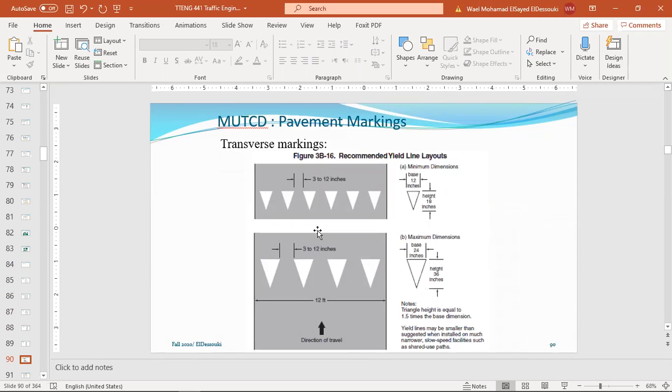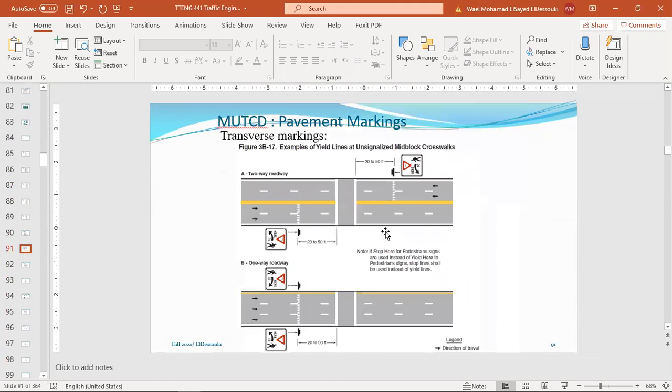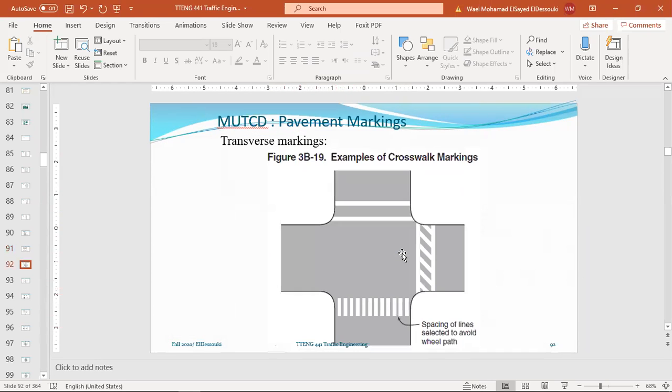Transverse markings. These basically give you an idea that there's a yield sign ahead of you. That's the line for pedestrian crossing. If you have a sign that says yield, that's the yield line. You must yield at this point. And that's a pedestrian crossing, so there is a 20 to 50 feet distance between both.